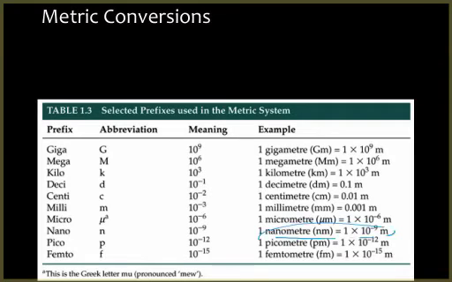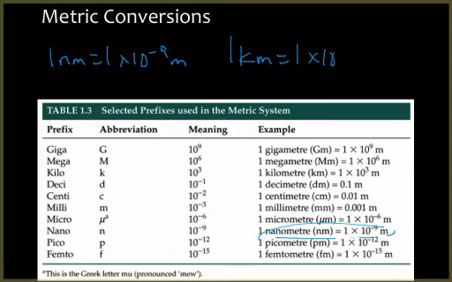So there's nanometers down here. 1 nanometer is 1 times 10 to the negative 9th meter. We might also use 1 kilometer equals 1 times 10 to the 3rd meter, which is the same as 1,000 meters. Those are just a couple examples, and this would be a table that you would have access to if you were doing some kind of problems with those.